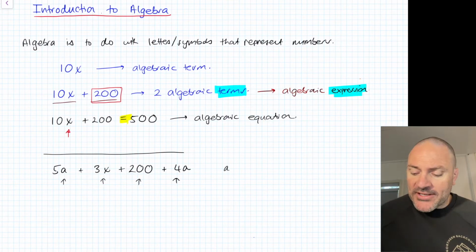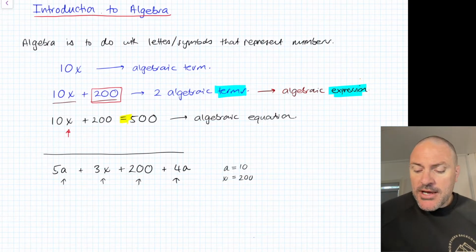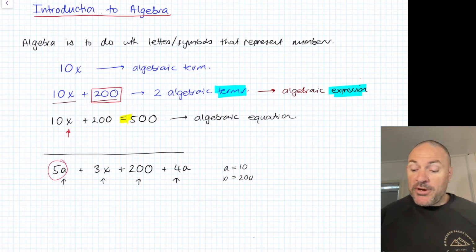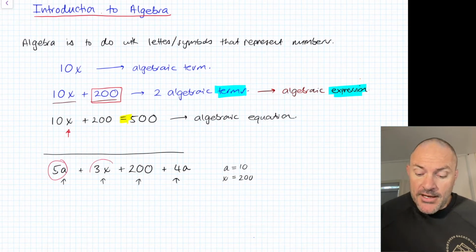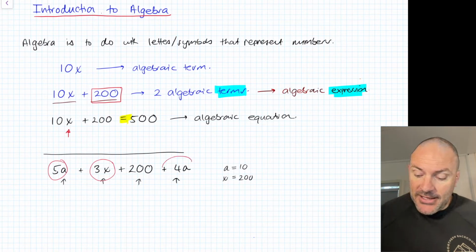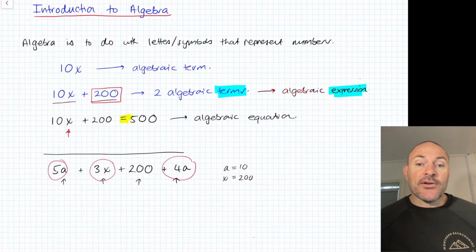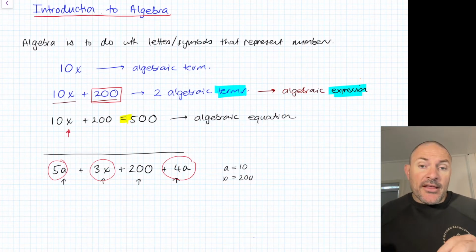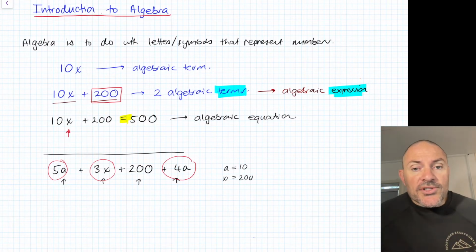Now, I might say a equals an amount and x equals a different amount, right? That would then change the values of these terms, because that would be 5 times 10, which is 50. This would be 3 times 200, that's 600. This one would be 4 times 10, which is 40. I could change the value of a and x, and those other terms would also change.